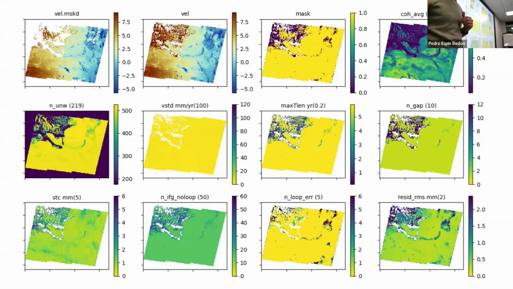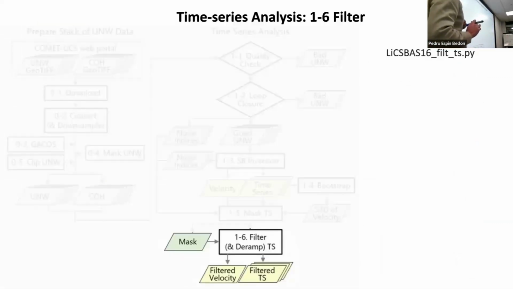And in the last step, we have filtering. The main goal of the filtering is that even after removing all those bad interferograms, there is some remaining noise after the inversion. So the main objective of this filtering is to apply a special temporal filtering in the time series to reduce the noise.